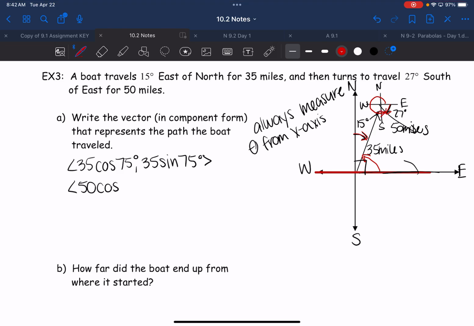Well, I know if I made it all the way back around, that's 360 degrees, but I stop 27 degrees short of that. So how many degrees? 333 degrees would be our angle. And then same for your y component, but with sine.